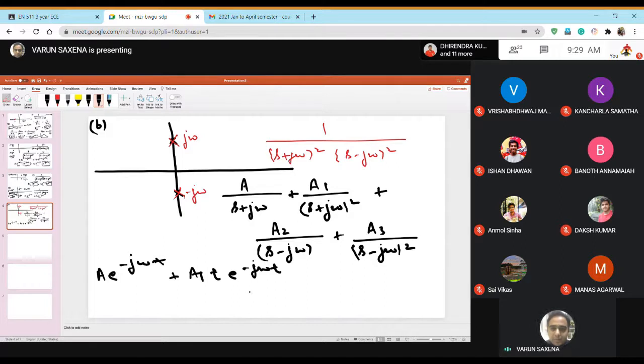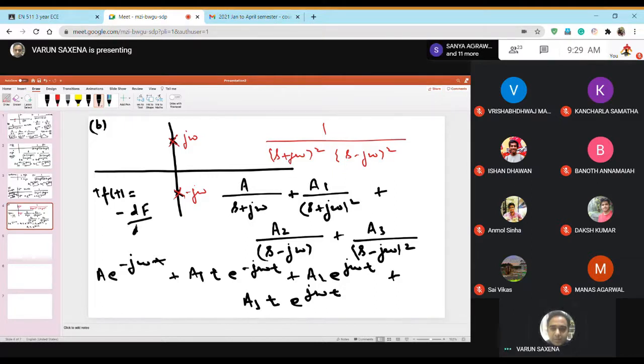Then you will get a term A2 e^(jωt) plus A3 t e^(jωt). Here also I've used the property that t times f(t) is equal to minus dF/ds. Not equal to, it is basically an equivalence relation from time to Laplace domain.